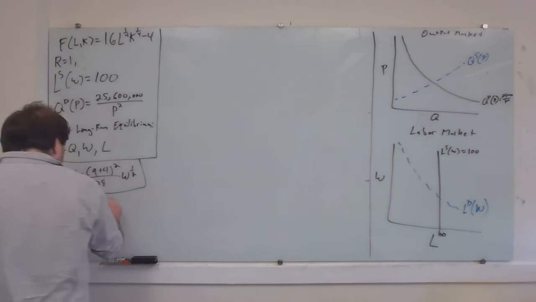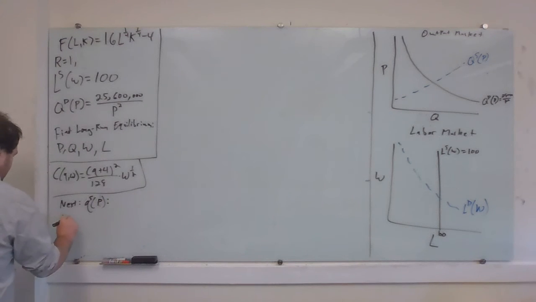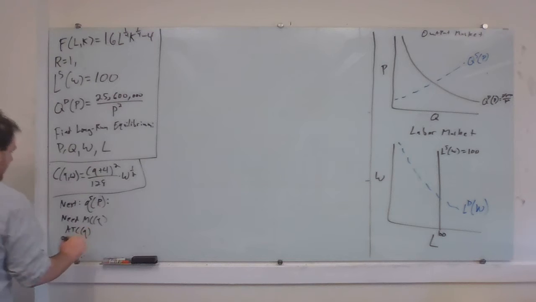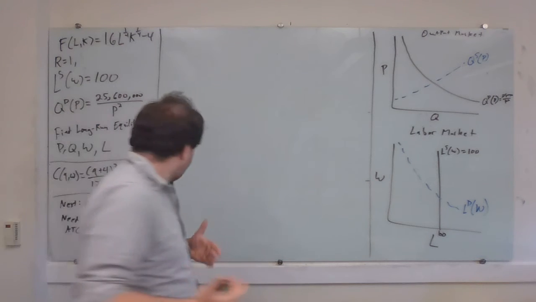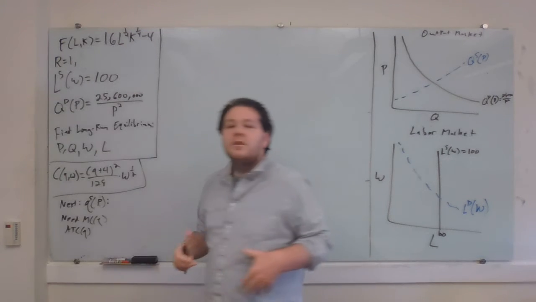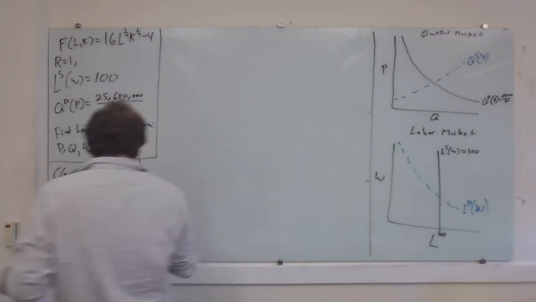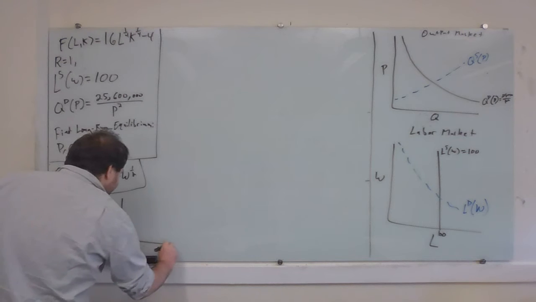In order to do this, right, I'm going to need my marginal cost, I'm going to need my average total cost, right? So our next step is going to be using our cost function to find our marginal cost, find our average total cost. Why is it that we want our marginal cost and our average total cost?